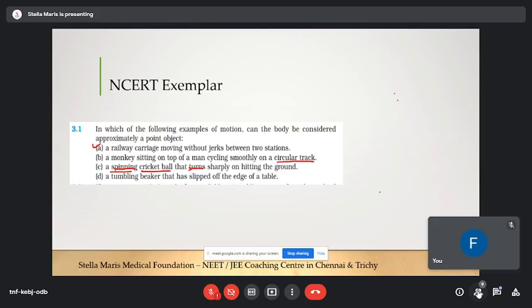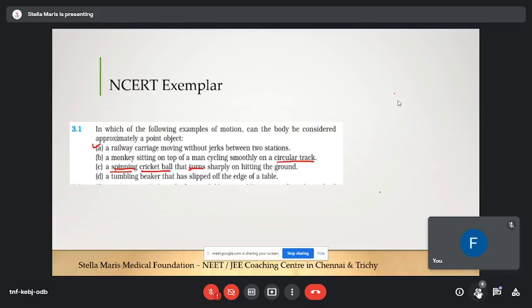I'm just asking you whether it falls in a straight manner or not. Yes, sir. Okay. So why is it not a point object? Sir, I have no idea.